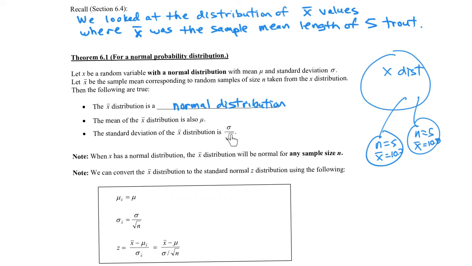If you take a number and divide it by something, it's going to get smaller, right? And we're dividing it by the square root of n, so it's a number bigger than 1. If you divide a number by another number bigger than 1, it's going to get smaller. So the formula for the standard deviation of this x bar distribution is right here.